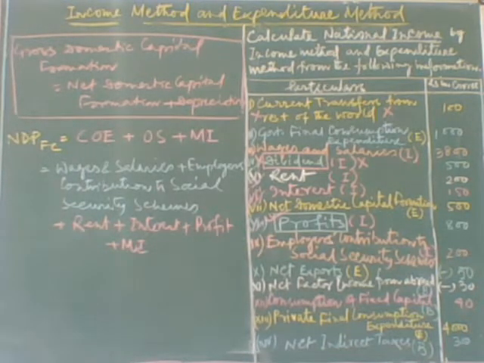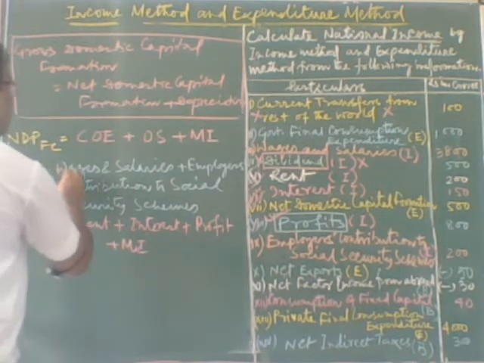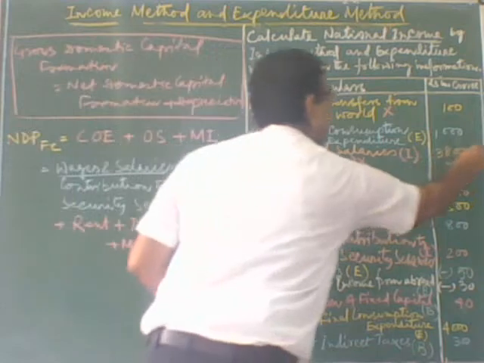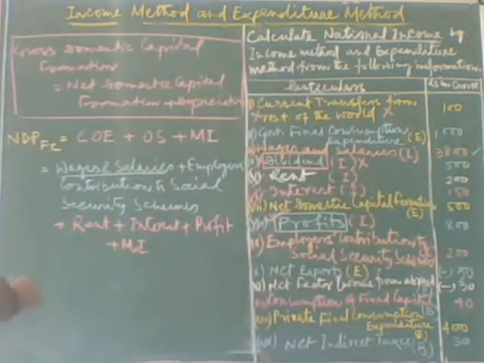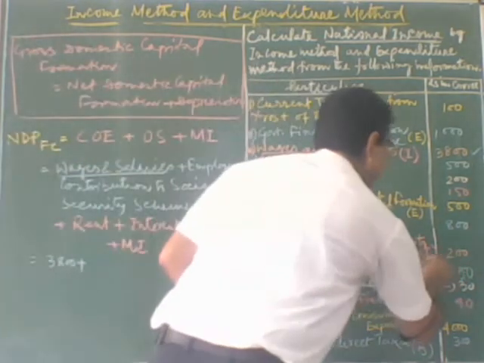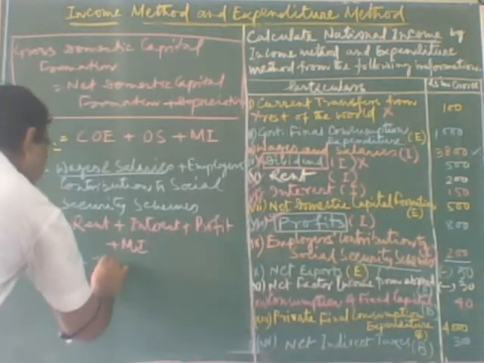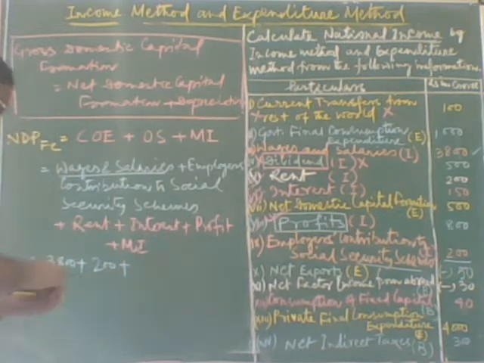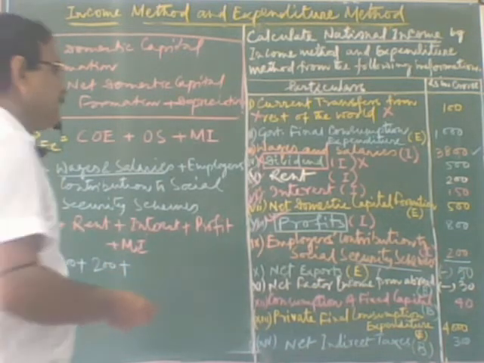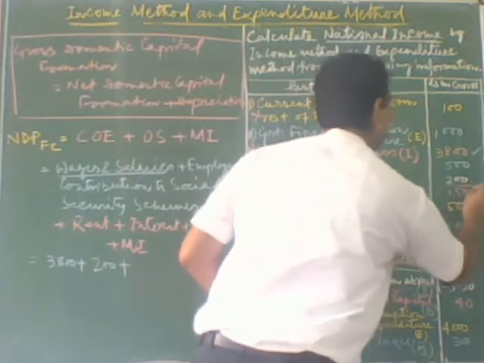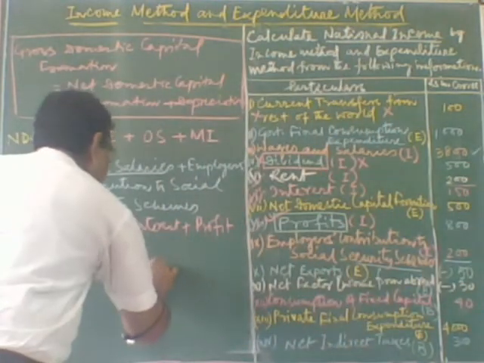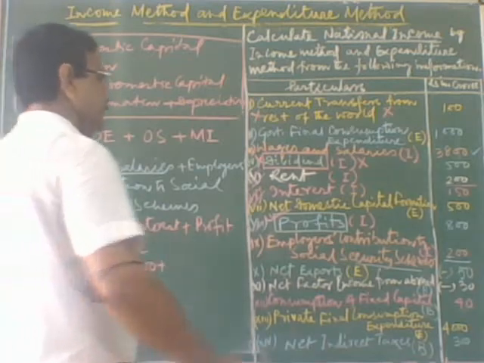Now you have to put the values one by one. Wages and salaries, that value is 3,800, plus employers' contribution to social security scheme, that value is 200, plus the value of rent, that is also 200. Interest, the value is 150.